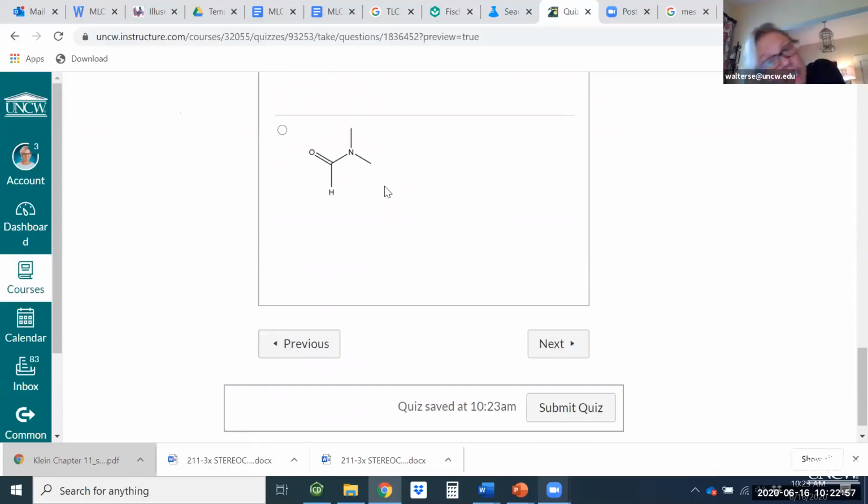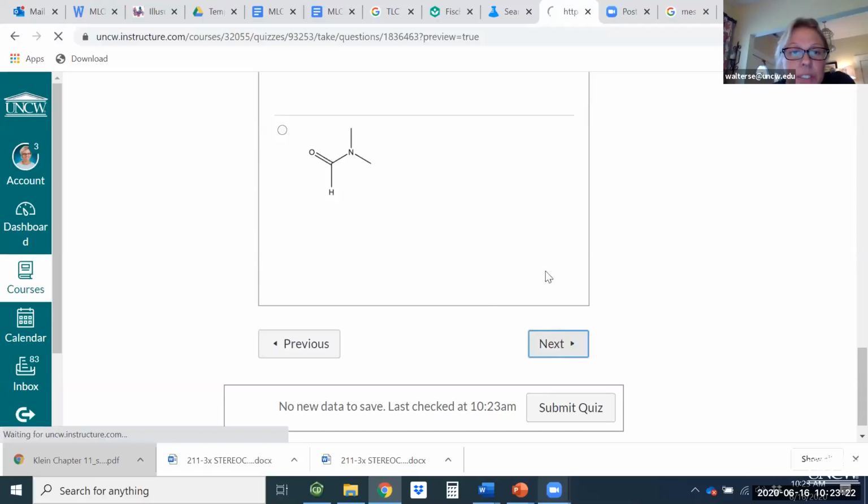And this is DMF, dimethylformamide. But again, you have hydrogen to carbon, nonpolar, CH3 groups here. Oh, sorry, not nonpolar, aprotic, because the hydrogens are in nonpolar bonds.